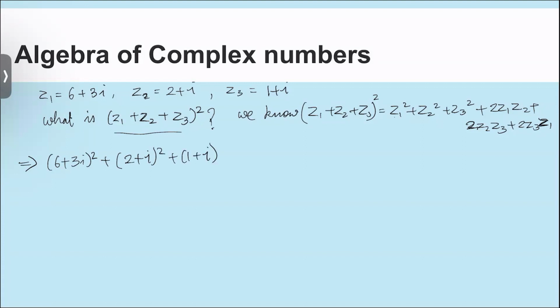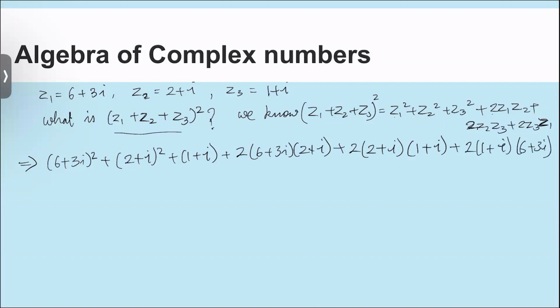Okay, and the next term is 2z1z2, so 2 times (6 plus 3i) times (2 plus i), plus you have 2z2z3, and then you have twice of z3z1. Okay, so 2 z3 and z1.